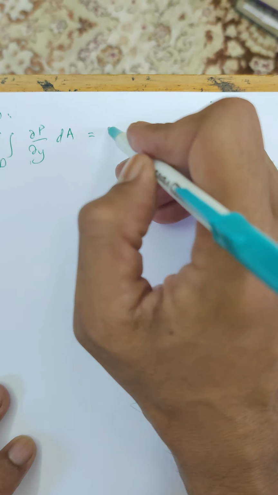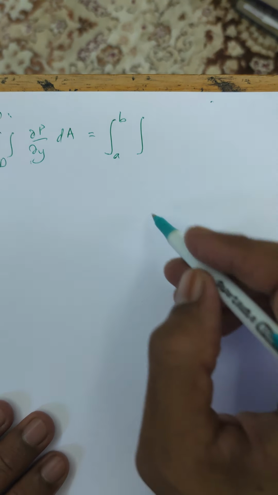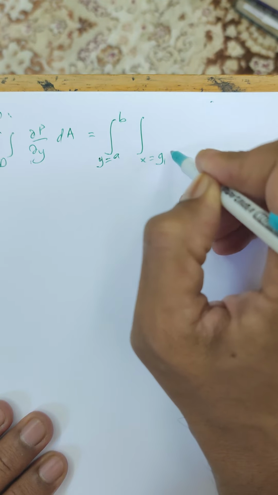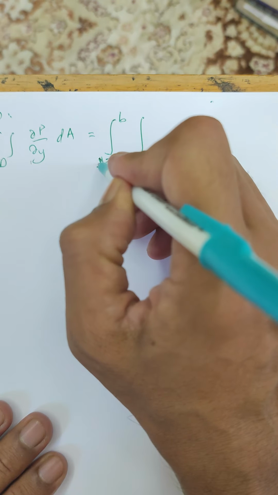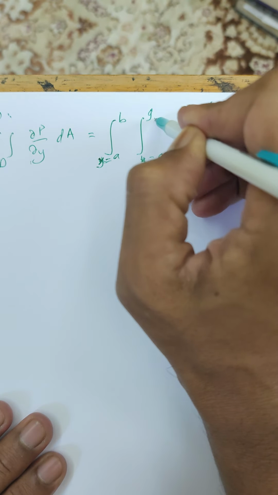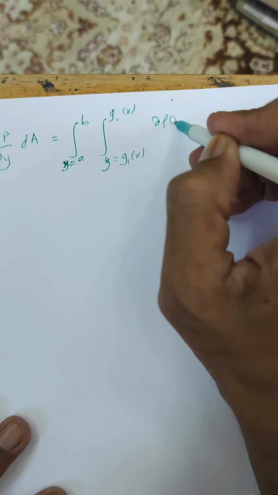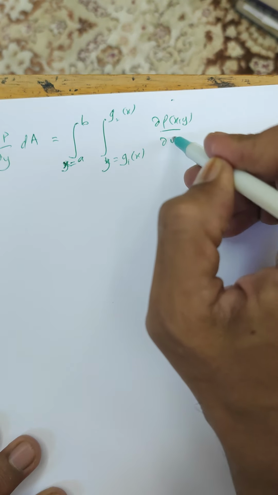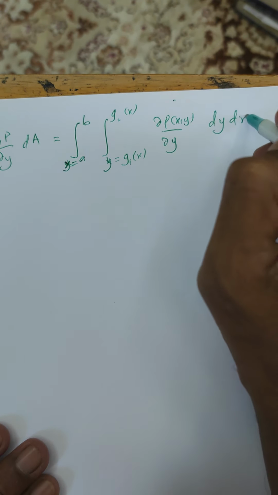This is the same as integrating x from A to B and y from G1(x) to G2(x) of ∂P/∂y with respect to dy and dx.